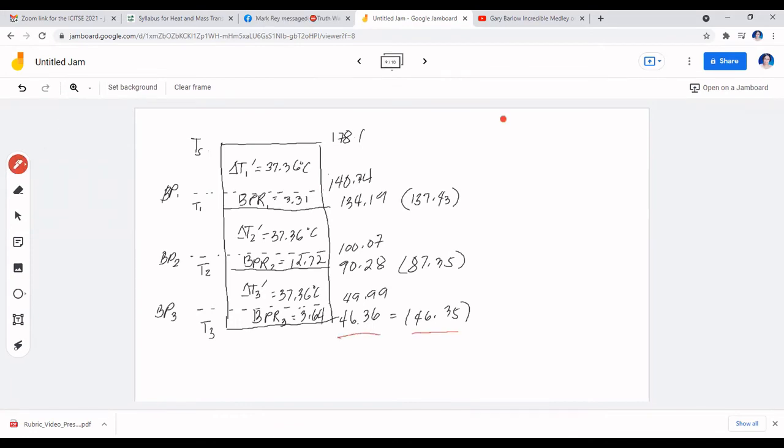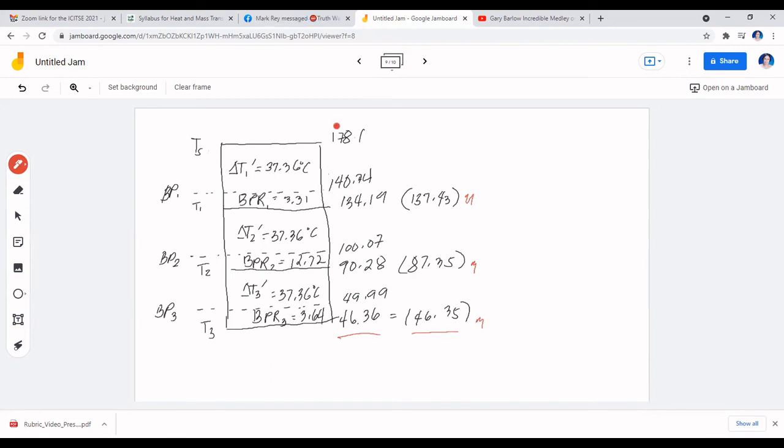The ones that I placed in parentheses will now be the temperatures that you will use in the steam table to get your saturated vapor and liquid enthalpies. This one is for the energy balance that you will be using. And then what about the superheat?